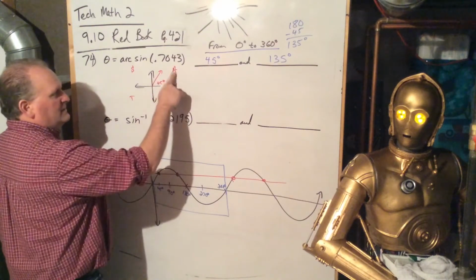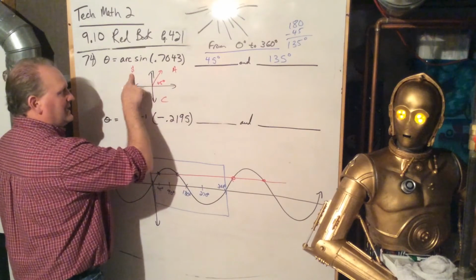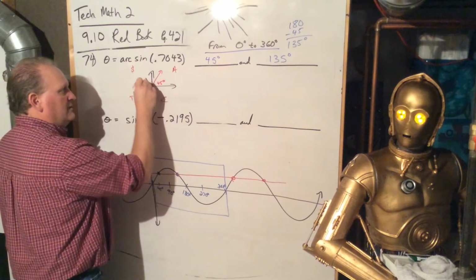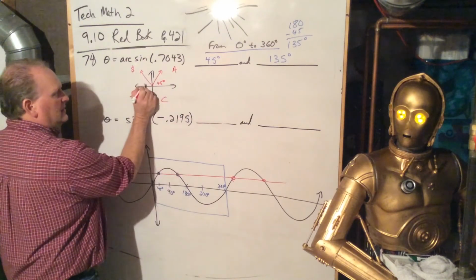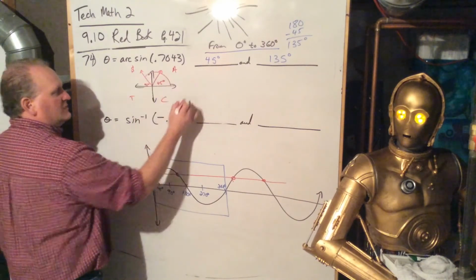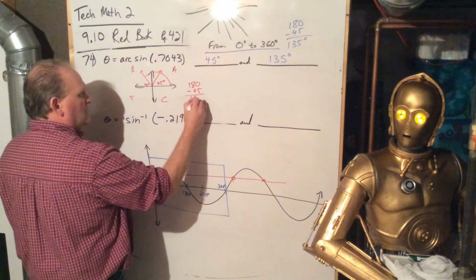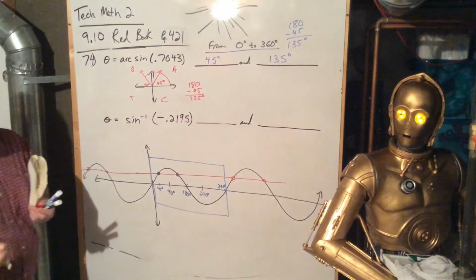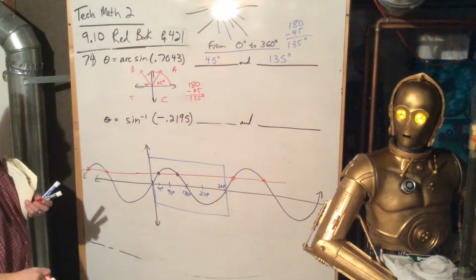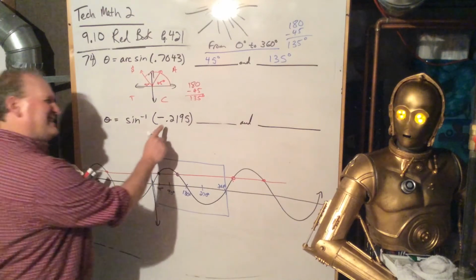And then it's positive in the first and the second quadrant because it's sine. So we'd want a reference angle of 45 degrees. And if we think about that, then that's 180 minus 45 again. Still 135. So either way that you look at it, it's 135 degrees.